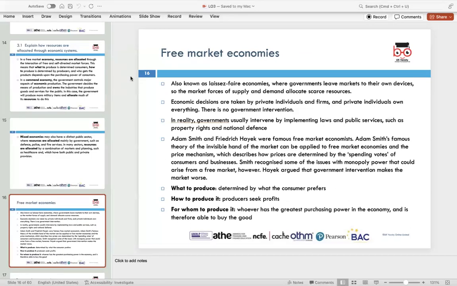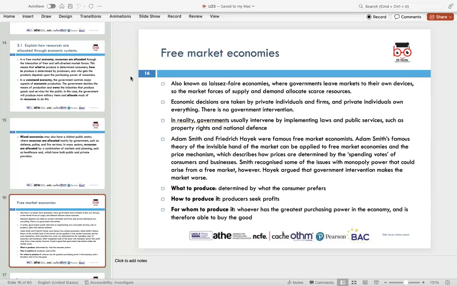Then, free market economics. This type of economy, often known as a fair economy, is characterized by governments allowing markets to function independently, allowing the market forces of supply and demand to determine the allocation of scarce resources.